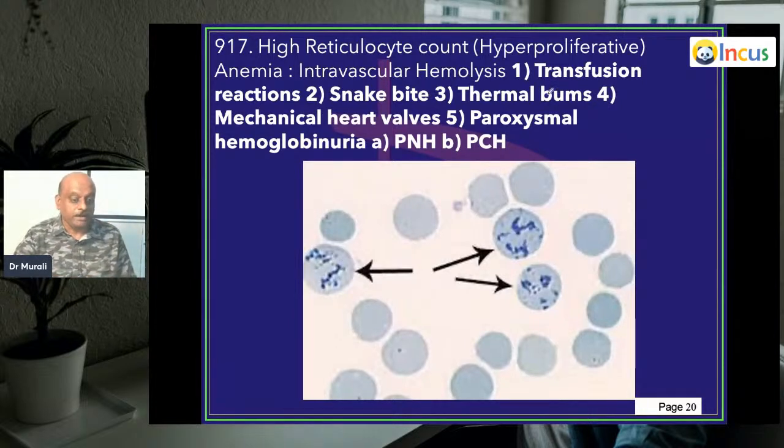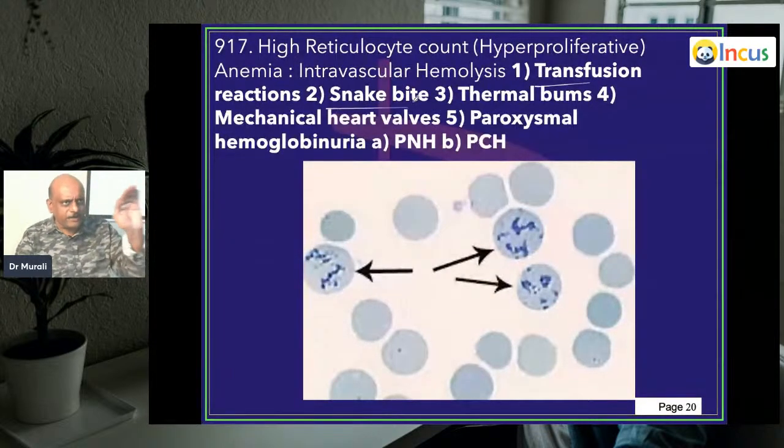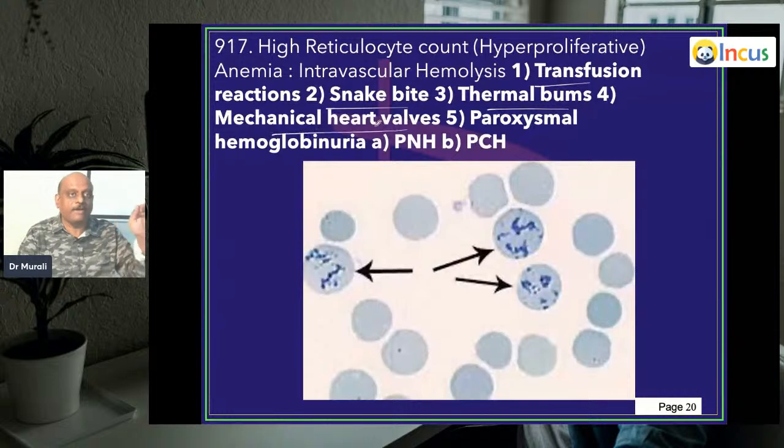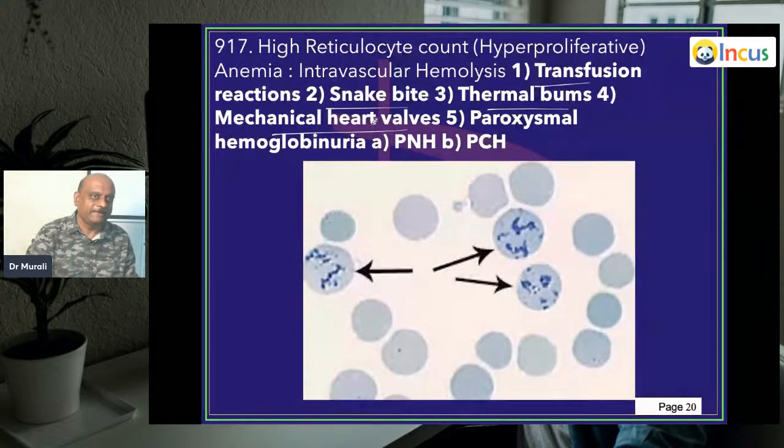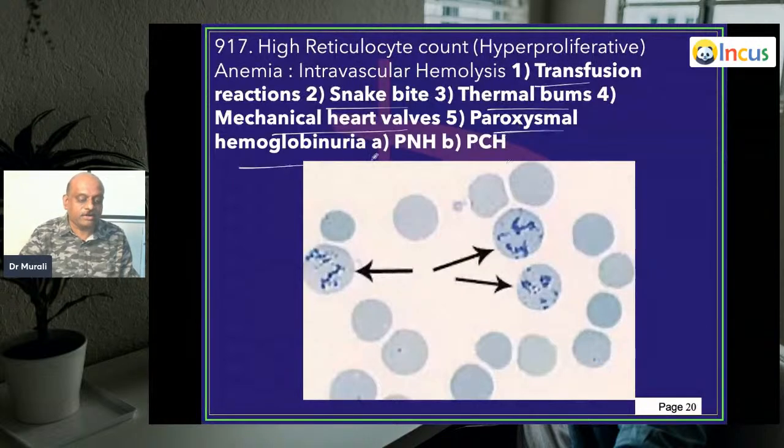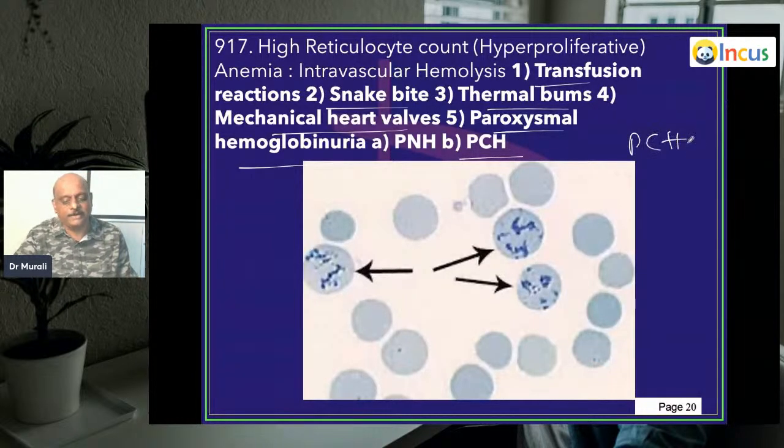So, transfusion reaction, snake bite, anything that leads to hemolysis, thermal burns, mechanical heart valves. When a mechanical heart valve is there, RBC is passing, it will be broken. And paroxysmal nocturnal hemoglobinuria or paroxysmal cold hemoglobinuria.